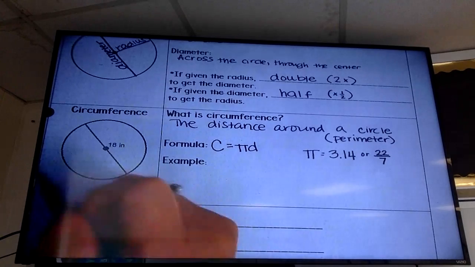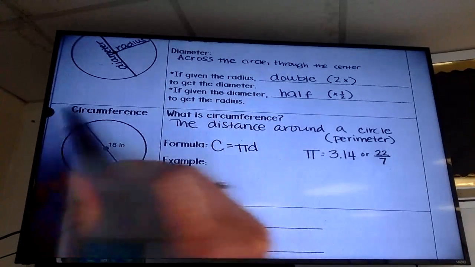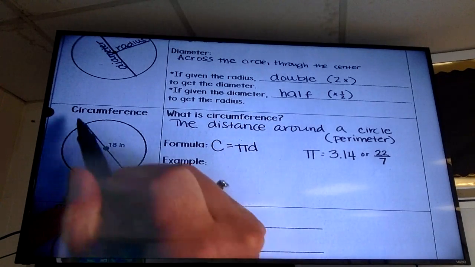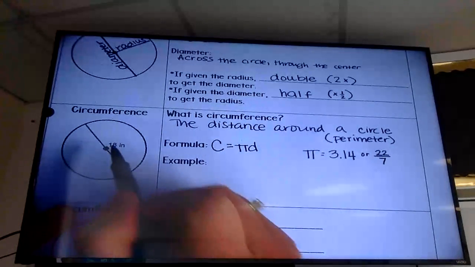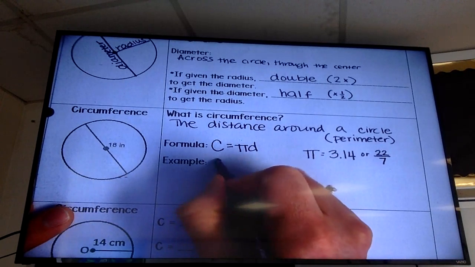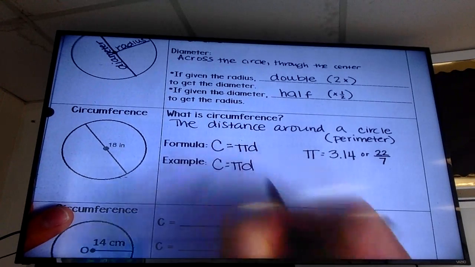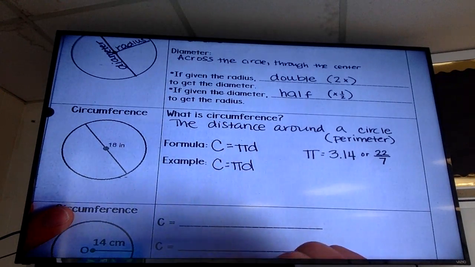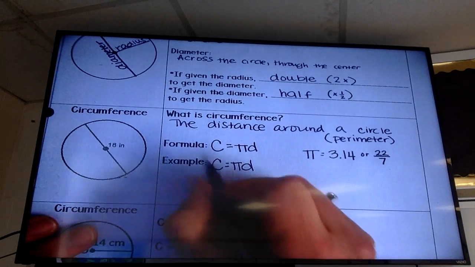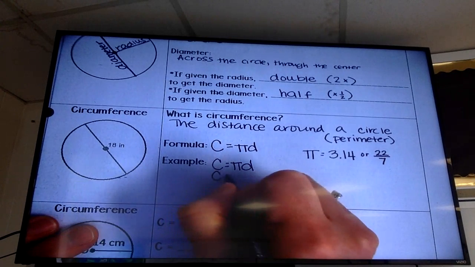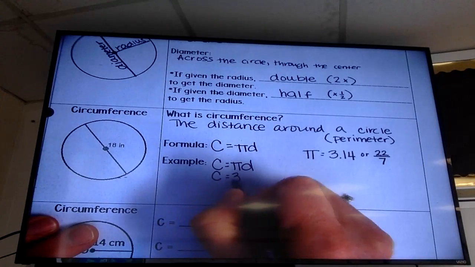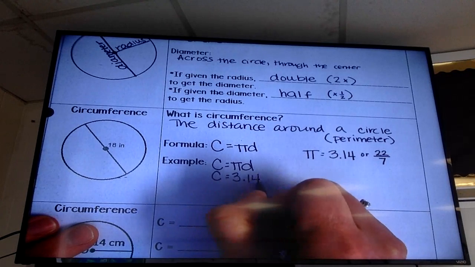So here's an example. I have a circle here. I know the diameter all the way across through the center is 18 inches. So I would say circumference equals pi times diameter. And I'm going to encourage you to always write your formula first like we always do, and then substitute in what we know. We don't know the circumference. We know pi is 3.14.